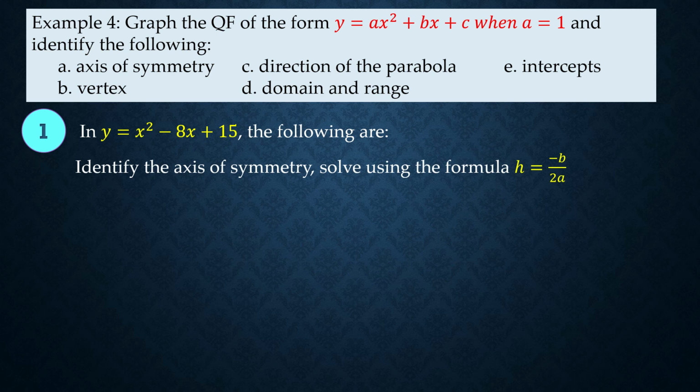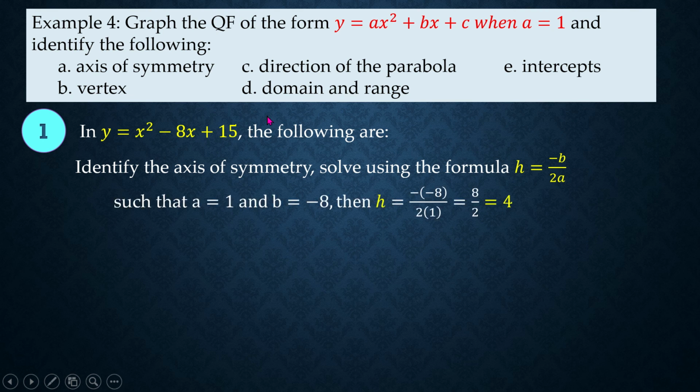Given the equation y is equal to x squared minus 8x plus 15, first, identify the axis of symmetry. To solve the axis of symmetry, which is the value of h, we will use the HK formula. H is negative b over twice a. So, identify a and b in the given function written in standard form. Here, a is 1, because x squared has an imaginary 1.